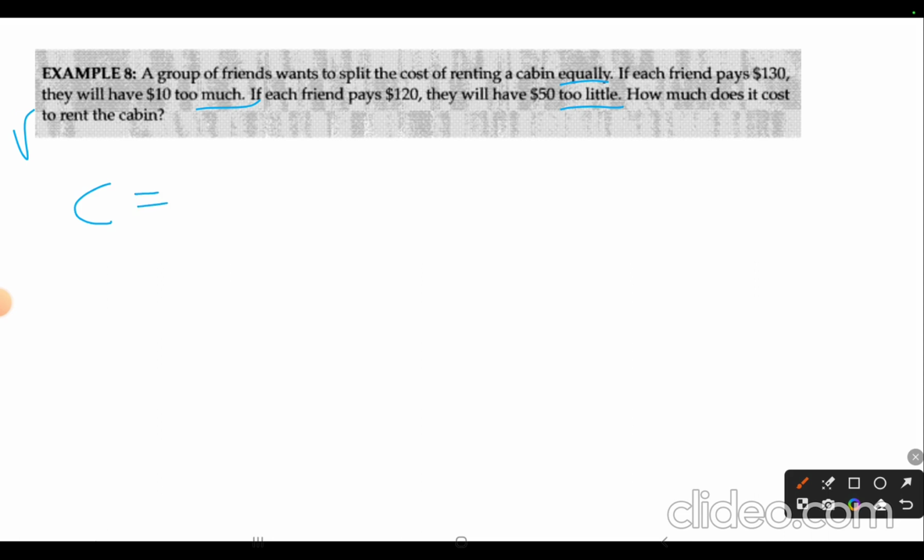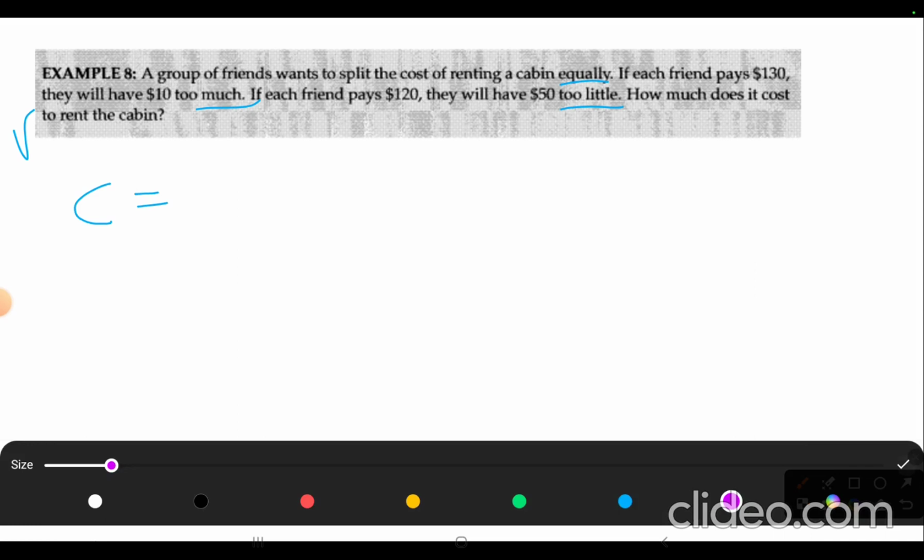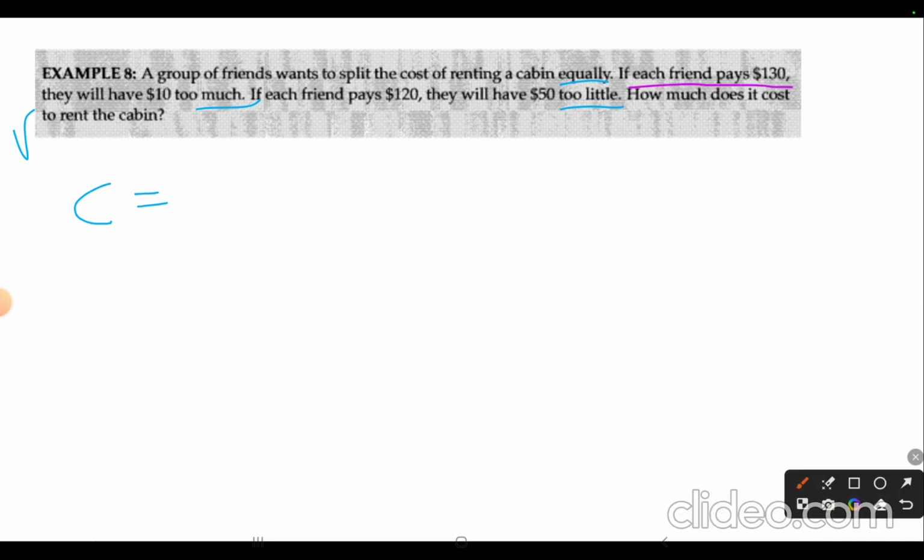And from this sentence, if each friend pays $130, they will have $10 too much. And let's say we have x friends, x number of friends. We will have 130x, they will pay each, and minus 10 because $10 is extra, like we don't need it.